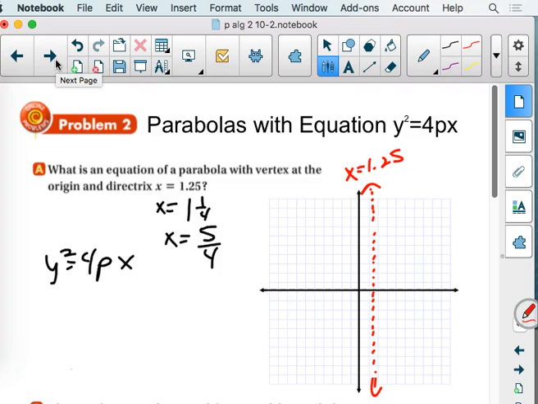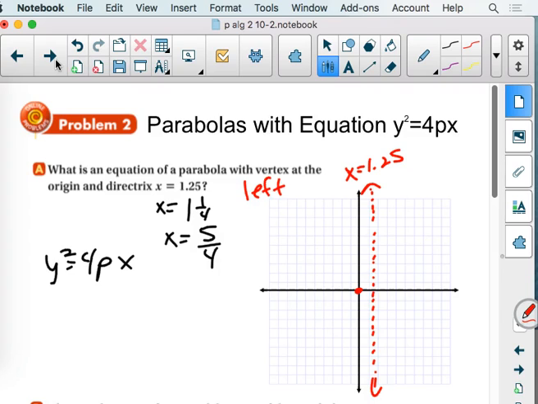What does that mean for my parabola? If its vertex is right here, and the directrix is the line that says don't go this way, go the other way, which way is this open? It's got to go left, which means we have to be careful because we're going to need a negative.